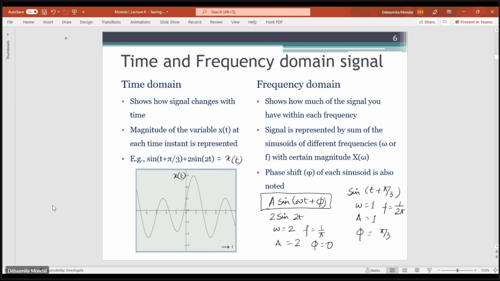You have two components: one is the sin(t + pi/3) component, and the other is the 2 sin(2t) component.